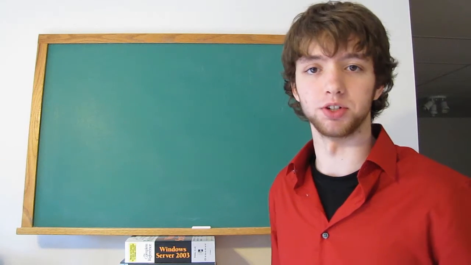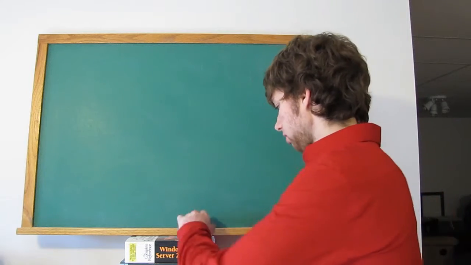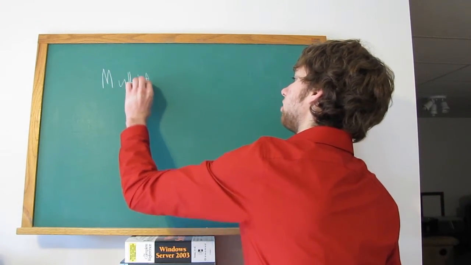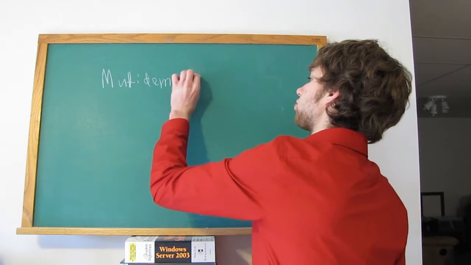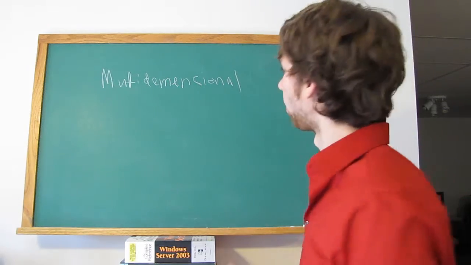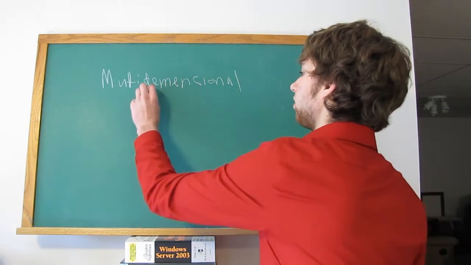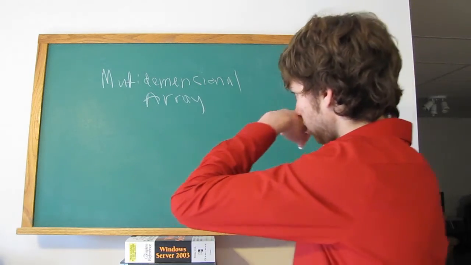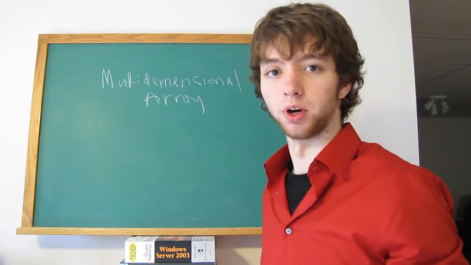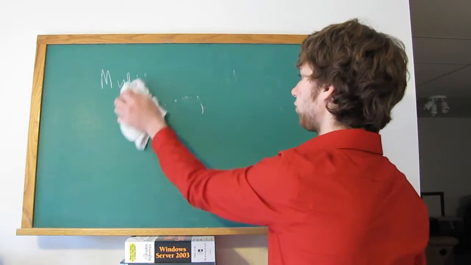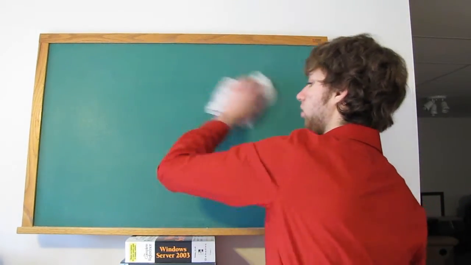Now, a multidimensional array, I'll spell that out. Dimensional. That probably did not help at all because you probably can't even read that. Array. Well, a multidimensional array is an array of arrays. So, first let's look at a normal array.